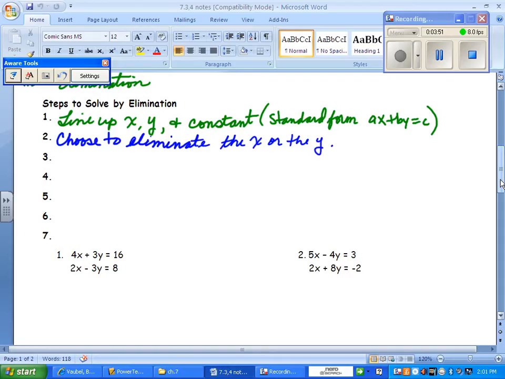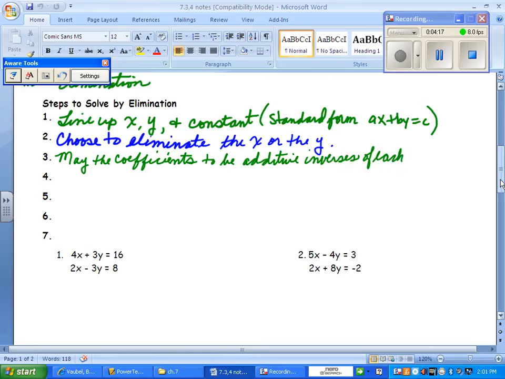Step number 3, you're going to make coefficients to be additive inverses of each other.